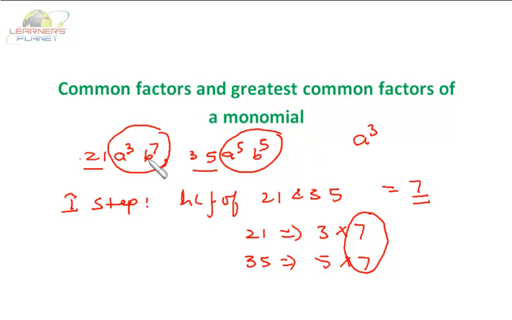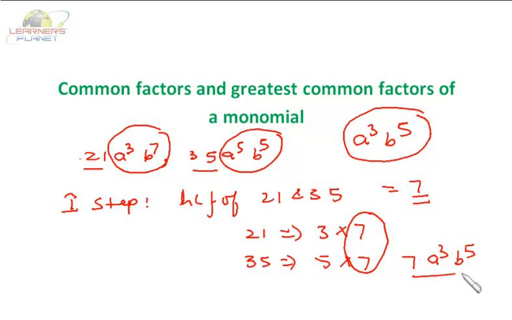And what is the lowest power of b which is there? It is b raised to 5. So a cube b raised to 5 will be the HCF of a cube b7 and a raised to 5 b raised to 5. So this is the HCF of the algebraic term and this is the HCF of the arithmetic term, so we can say constants. So the total HCF will be 7 a cube b raised to 5.